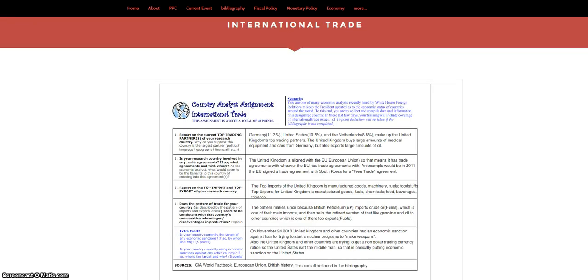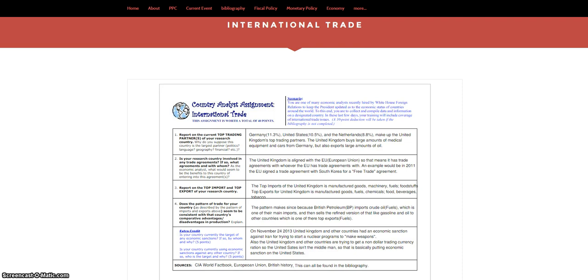The last slide I wanted to take you guys to was international trade. As you can see, Germany, United States, and the Netherlands are their top trading partners. Then if you continue to scroll down, their top imports are fuels, machinery, food, and their exports are fuels, chemicals, food.